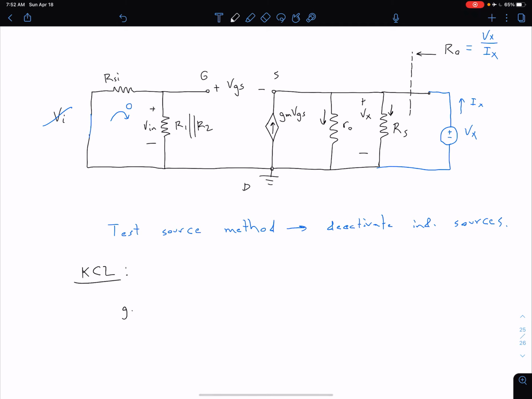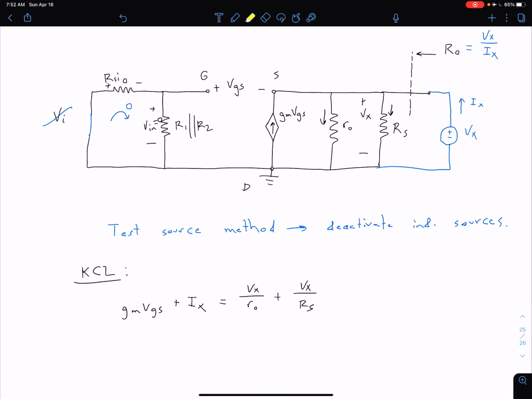Coming into that node, we have gm Vgs as well as our test current Ix. And that's equal to the sum of the currents leaving, which is going to be Vx over ro plus Vx over Rs. Now what we can note is that because we have 0 current over here, of course we're going to have 0 volts dropped across this resistor, or 0 volts for our Vn, whichever way you want to think about it.